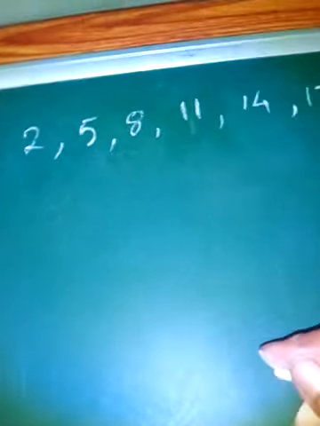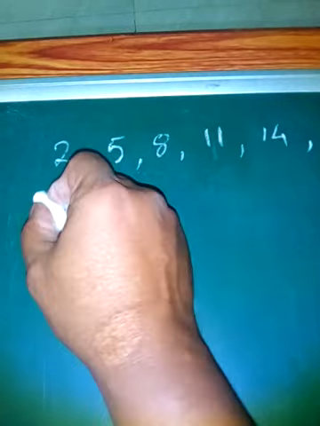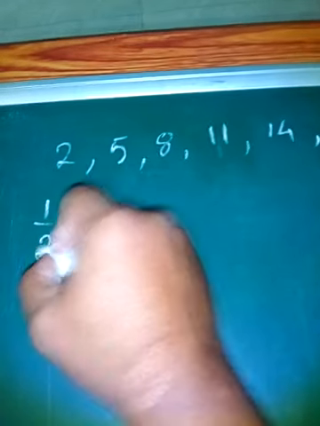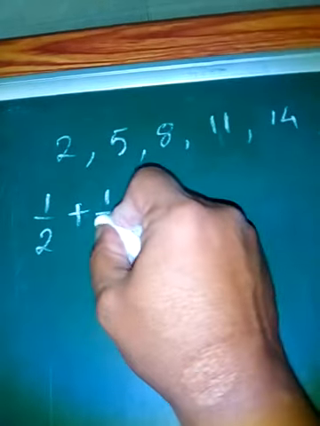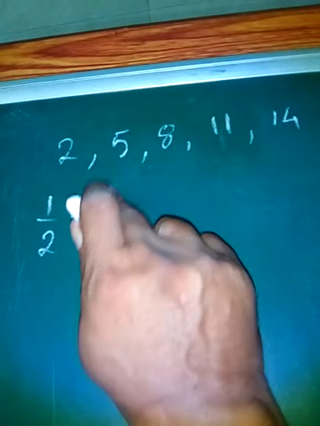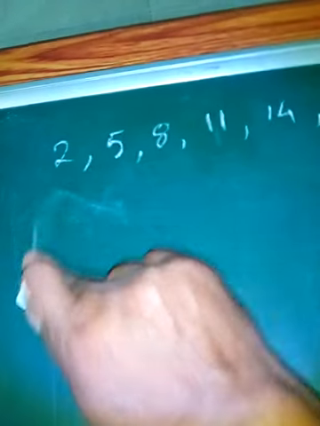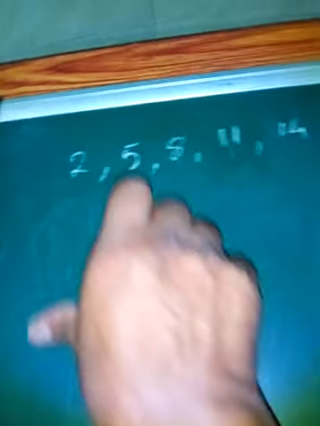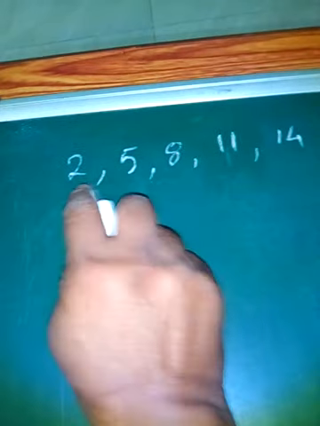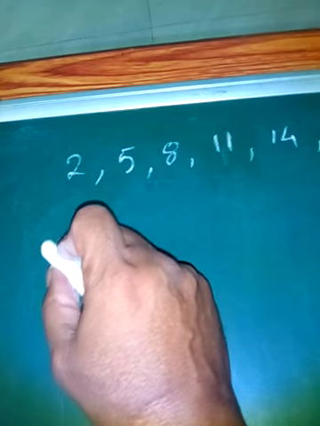AP means arithmetic progression. So if you want to add the reciprocals of this, I will successively multiply pairs, and the difference is 3.